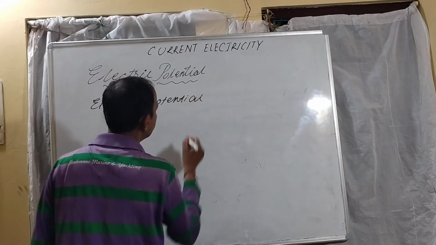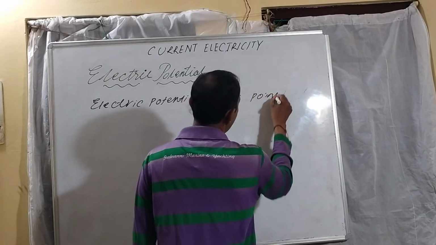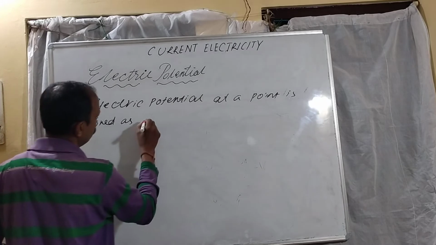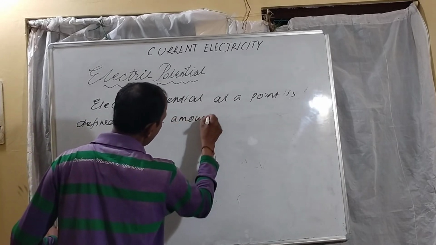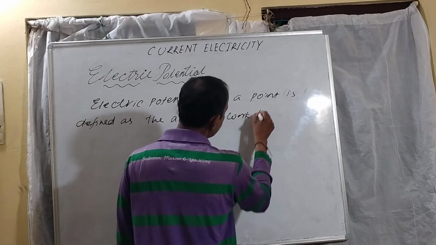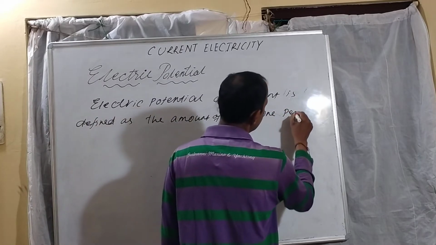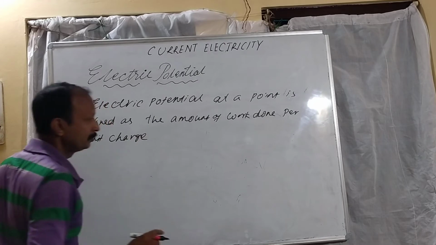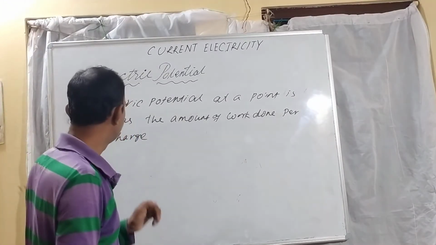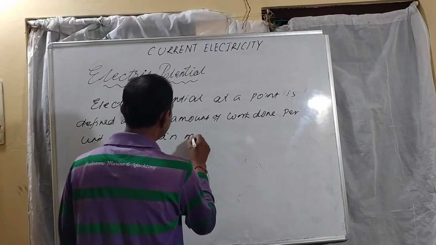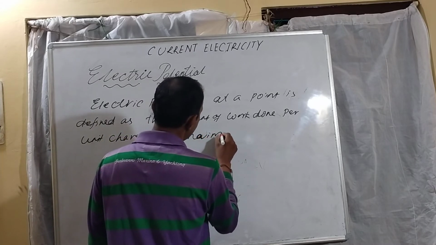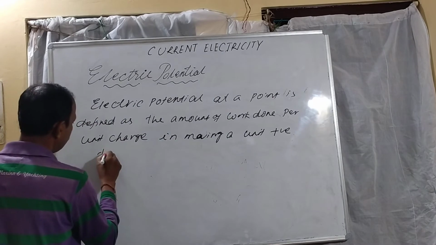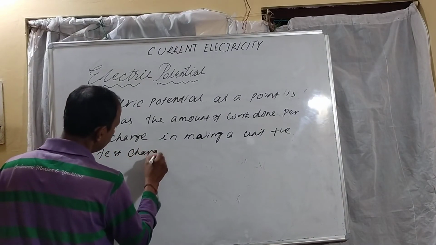Electric potential at a point is defined as the amount of work done per unit charge in moving a unit positive test charge.